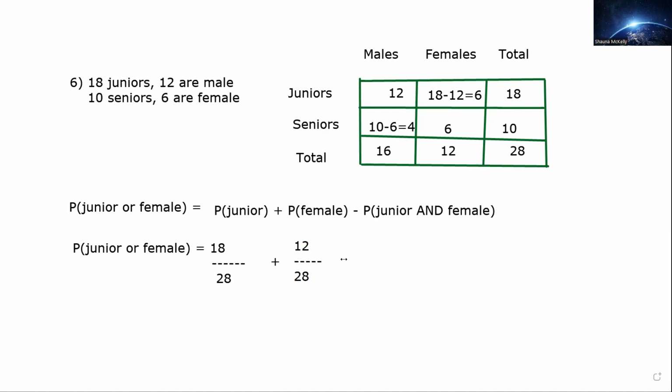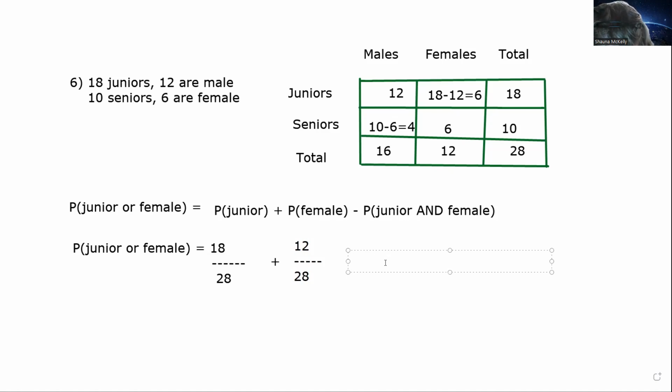Now I subtract the probability of junior and female. Junior and female. So juniors who are female, that's 6. There are 6 juniors that I counted in both categories.